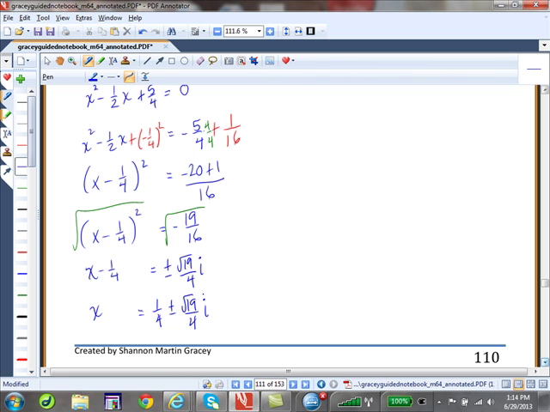Keeping it in that format because of the a plus bi format for complex numbers, we can present our solution set two ways.